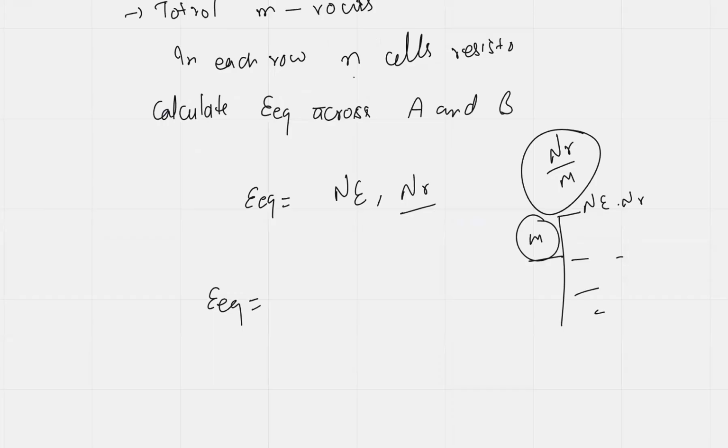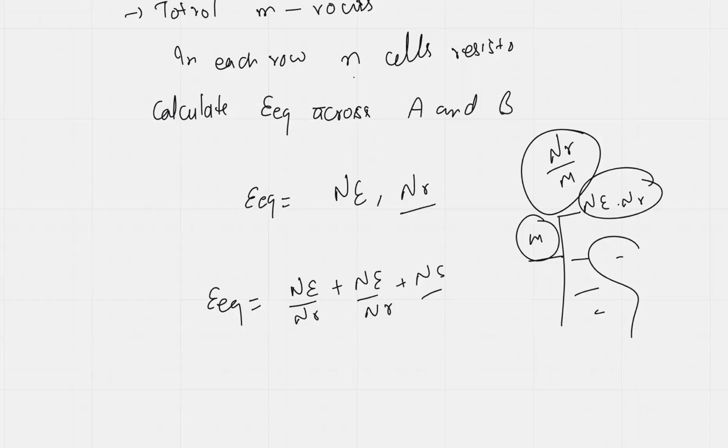So what I do is, when you have a parallel, you simply take nE by nR plus nE by nR plus nE by nR and so on, divided by 1 by nR plus 1 by nR.